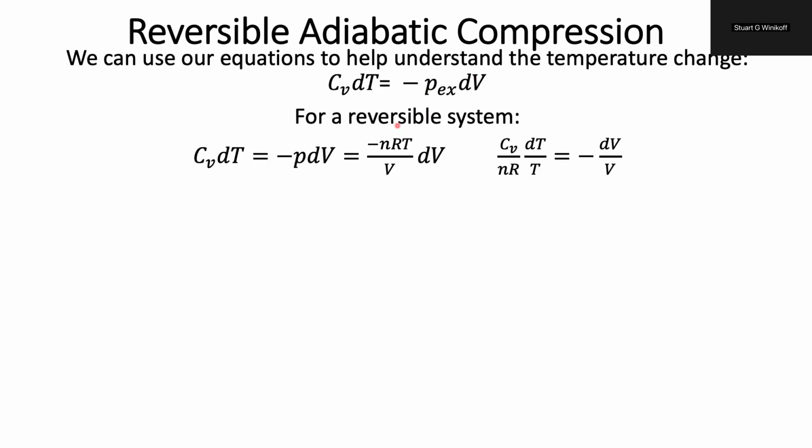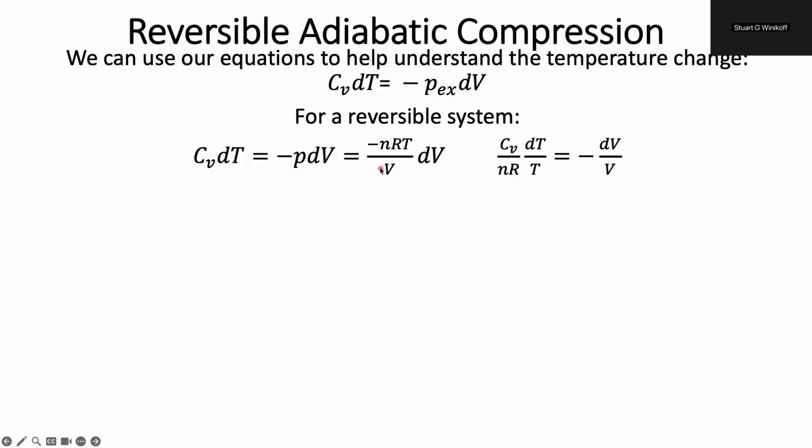So under a reversible circumstance, I can replace the external pressure with the system pressure. And I do this by dropping the subscript. And now, once I have the pressure referencing the system, I can use the ideal gas law to replace the system pressure with nRT over V. Good old ideal gas expression.